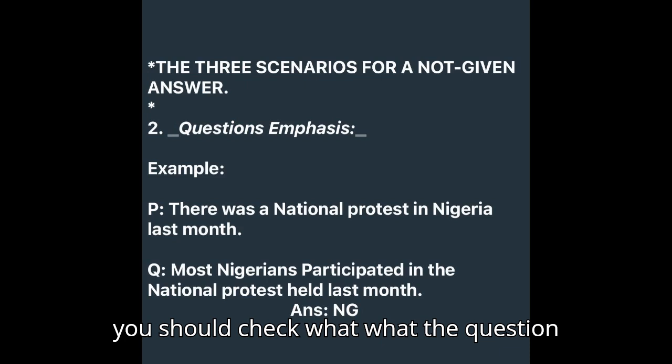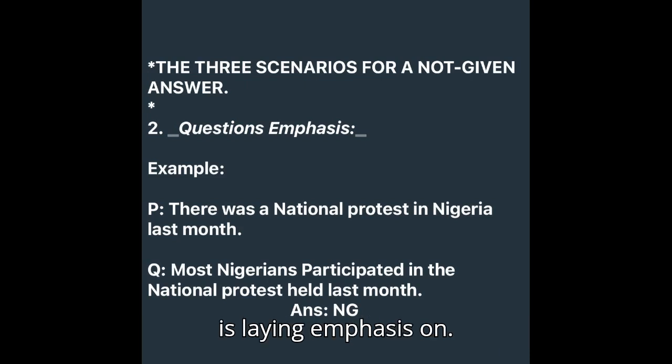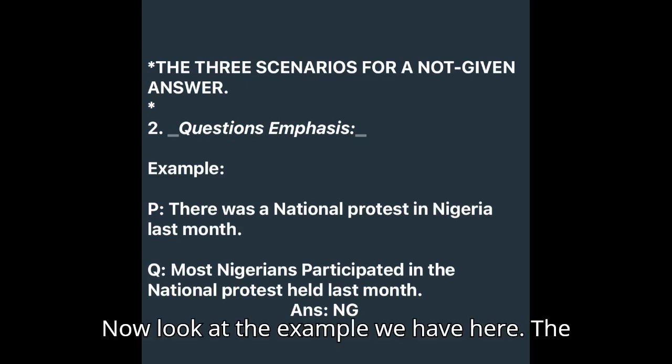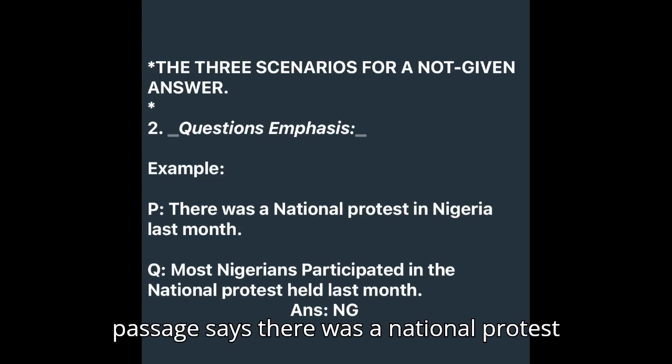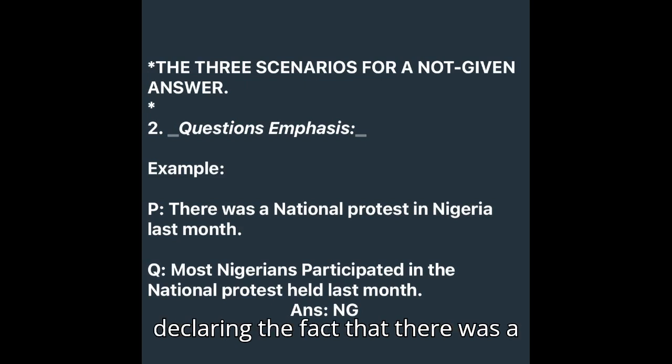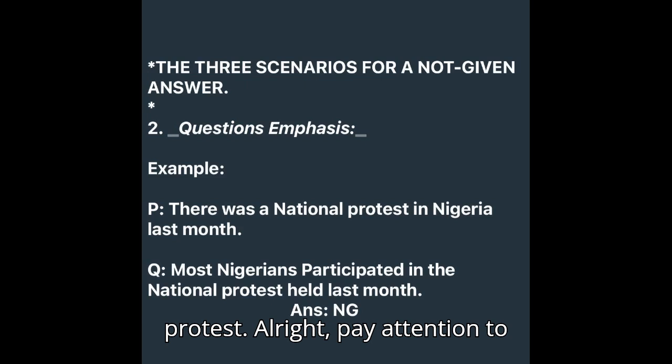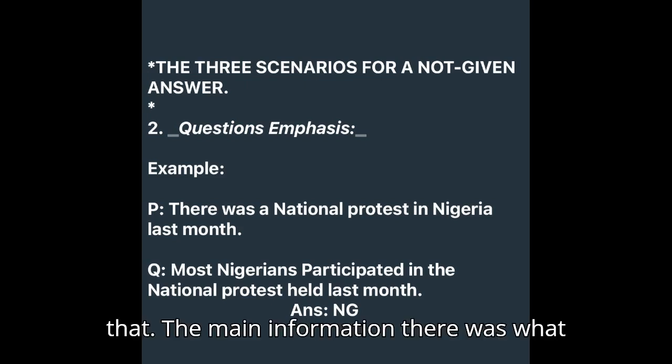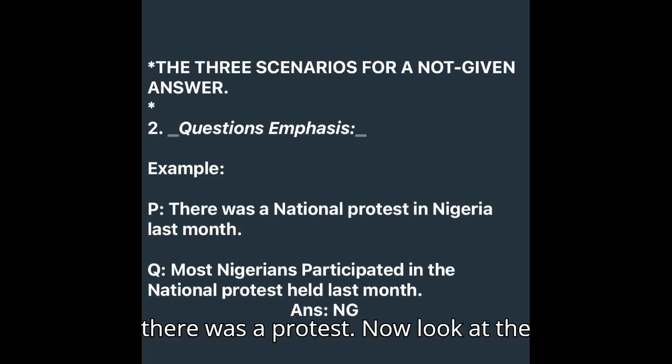Likewise, you should check what the question is laying emphasis on. Now look at the example we have here. The passage says there was a national protest in Nigeria last month. Now this is declaring the fact that there was a protest. Pay attention to that. The main information there was that there was a protest.